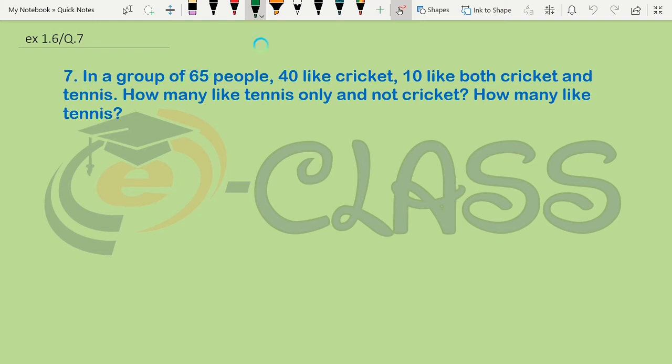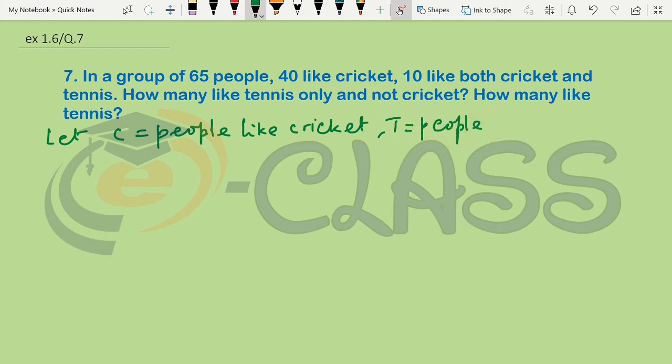So let C equal the people who like cricket, and T equal the people who like tennis.